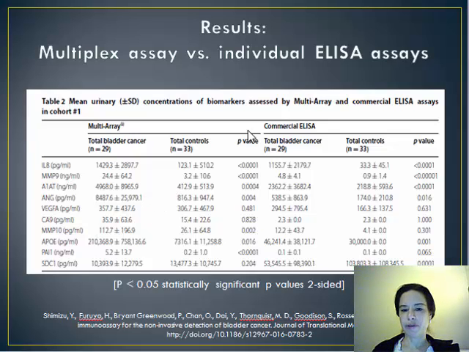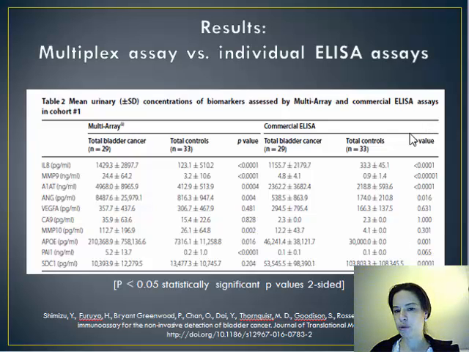And so this p-value is to measure, is there a difference between your bladder cancer sample and your total control. So this p-value is just comparing within the multiplex assay, and then on the right the p-value is comparing within the commercial individual assays.